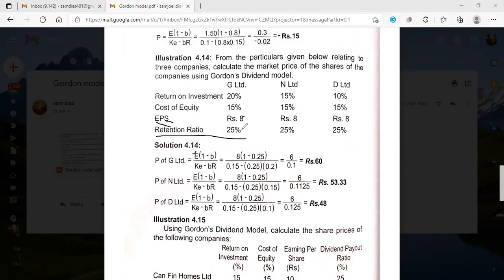It is simple, right? In the problem they have given the retention ratio, so whatever is left would be the dividend payout ratio. So 1 minus B, we can easily calculate.